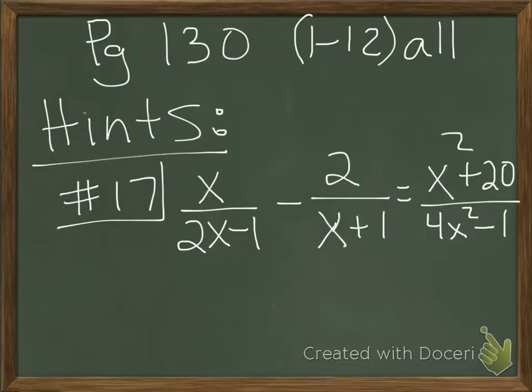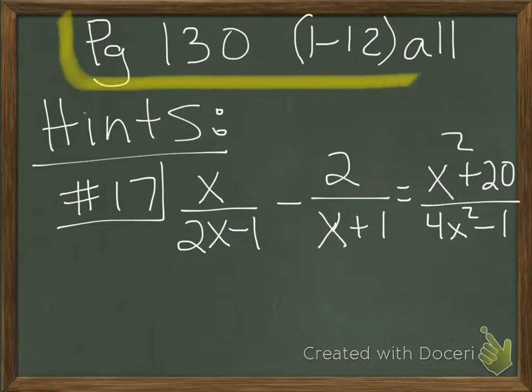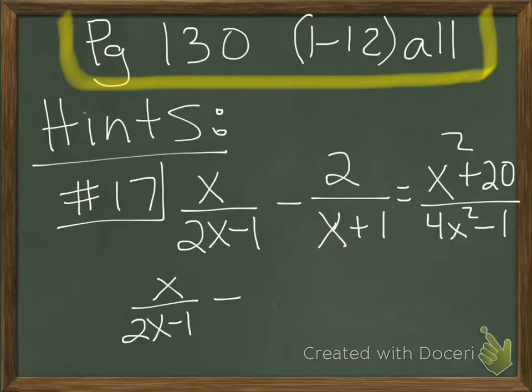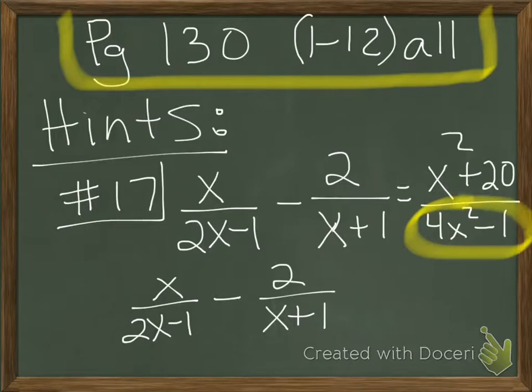Okay, so your assignment is page 130, problems 1 through 12 all. And I do have a few hints for you again on this assignment. The first hint I have for you is on problem number 17, and it's basically two parts. When you are trying to find the least common denominator for this problem, you have to factor 4x squared minus 1.